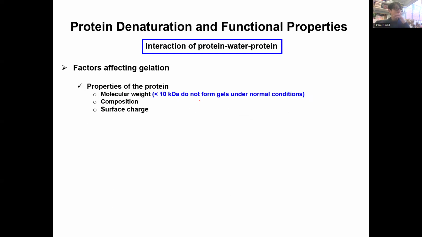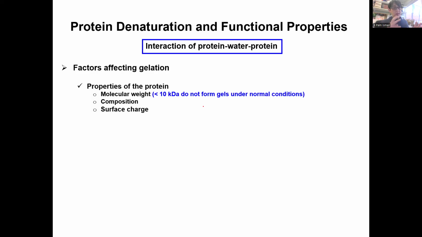All right, so a lot of properties affect gelation. First of all, molecular weight, a property of the protein itself. The larger the protein is, and if it forms a true solution, you get more gel network formation at even lower protein concentrations.